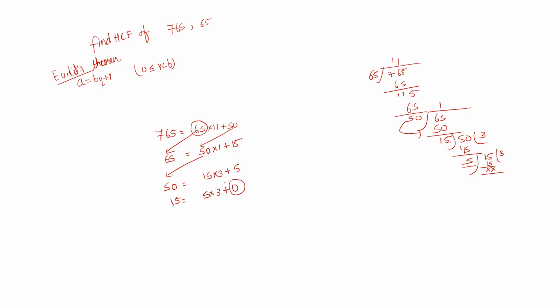In this iteration process of Euclid's theorem, we have got remainder 0. At this stage we stop and see the value of B, which is 5. So the HCF of 765 and 65 is 5.